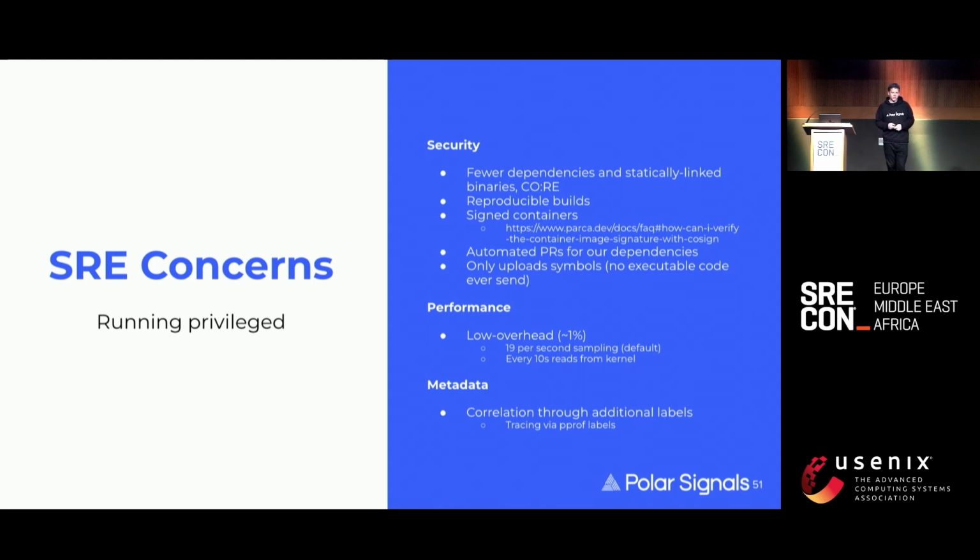Low performance overhead, and then the additional metadata, which is helpful for correlation. Given that we use Prometheus to discover things, we can copy paste labels from one system to the other and find the same things. There are other projects by our friends at Grafana who are doing similar things, so we're integrating with the entire ecosystem there.